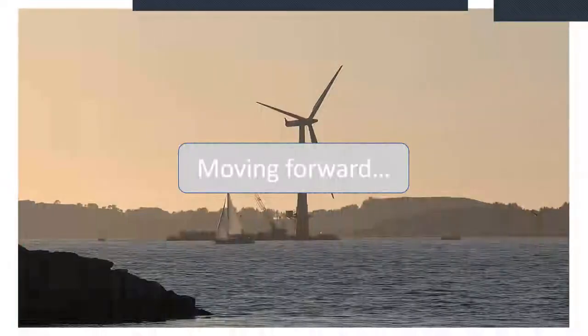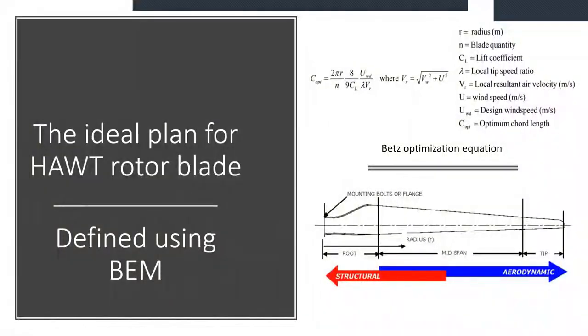Moving forward, we'll go in depth into how we can design the rotor blade. We are going to use the BEM, blade element momentum method, to design this blade, and the main equation that we are going to use is the Betz optimization equation.